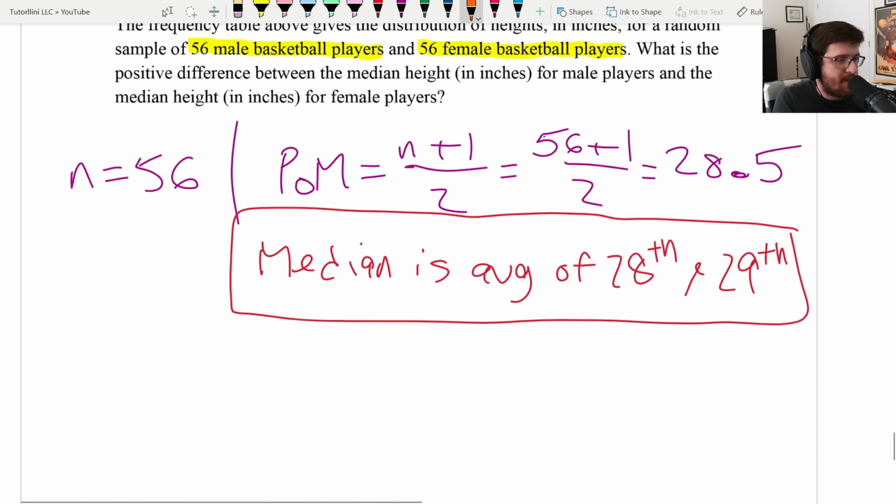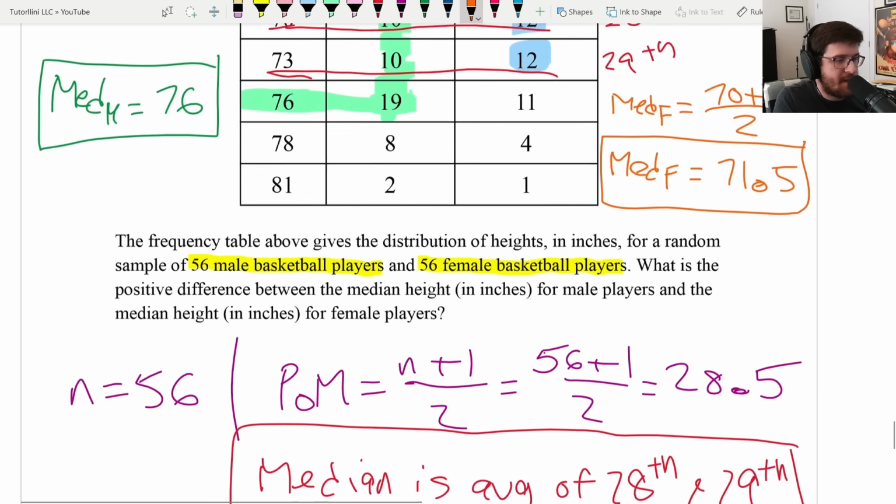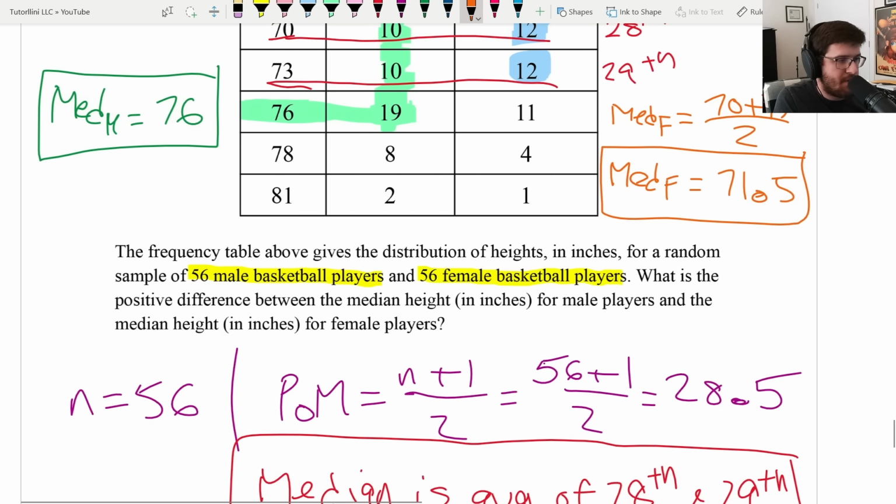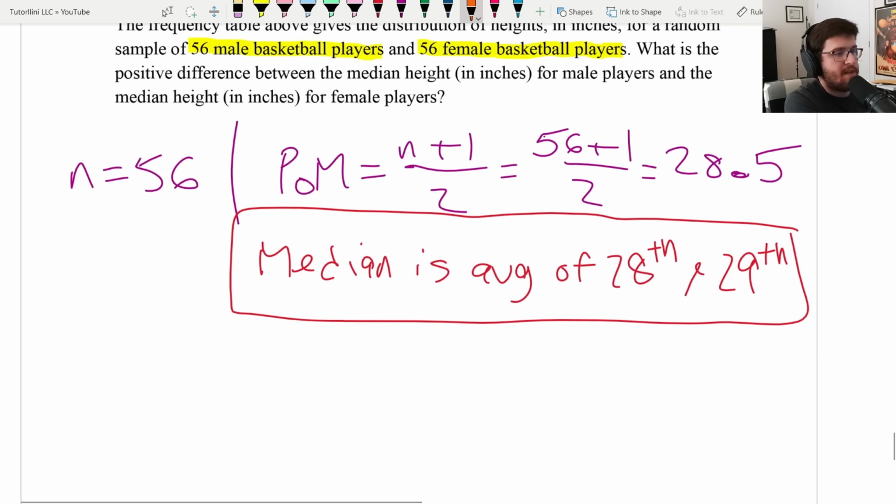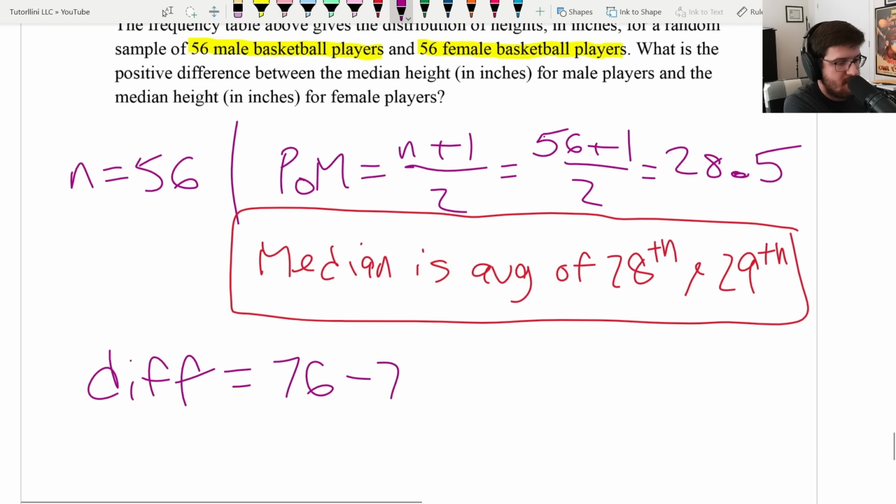Now it wants us to find the positive difference between the median height for the males and the median height for the females. So we're just going to take the positive difference. You can either do absolute value bars or you can just put the bigger one first. That's what I'll do. So 76 minus 71.5, which is 4.5.